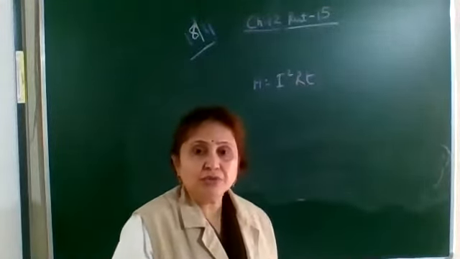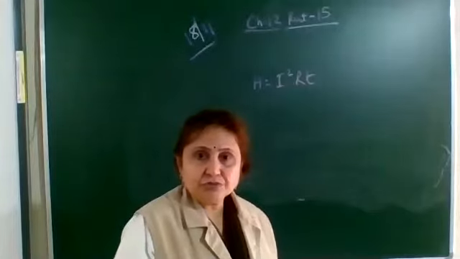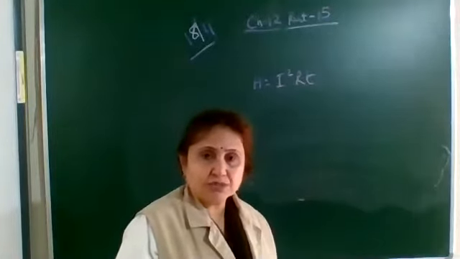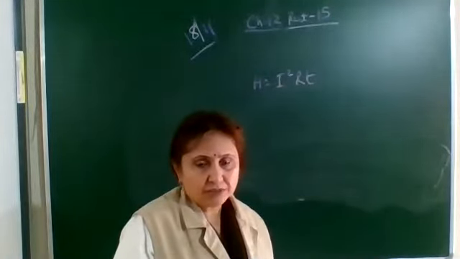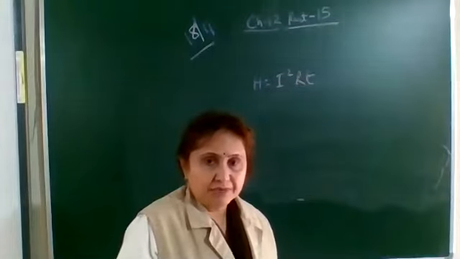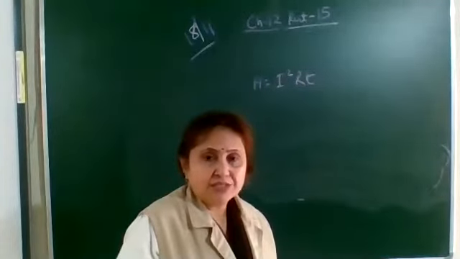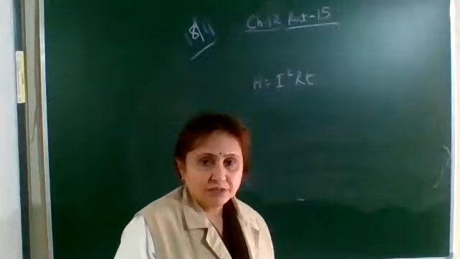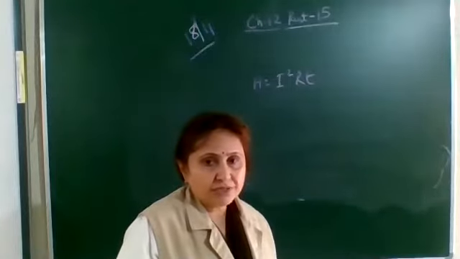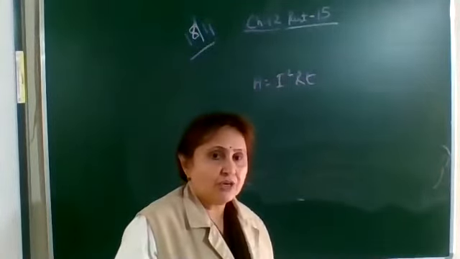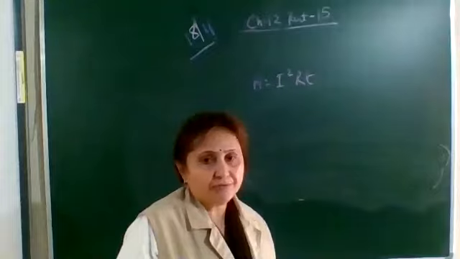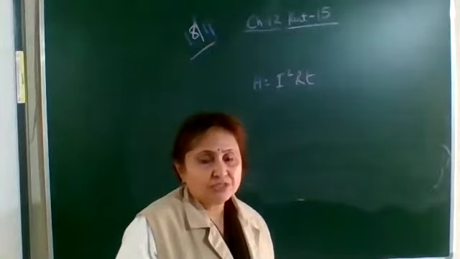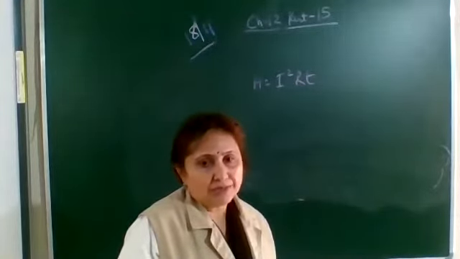According to Joule, the heat energy produced through a resistance is directly proportional to the square of the current, I square, for a given resistance. It is also directly proportional to the resistance, provided I and T are the same, and directly proportional to the time for which the current is flowing. So H is equal to I square R into T.